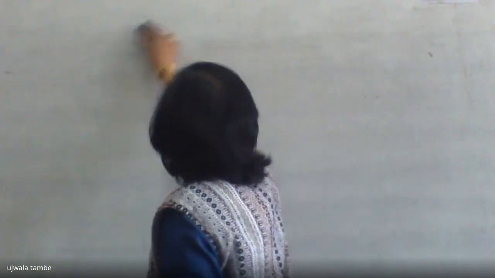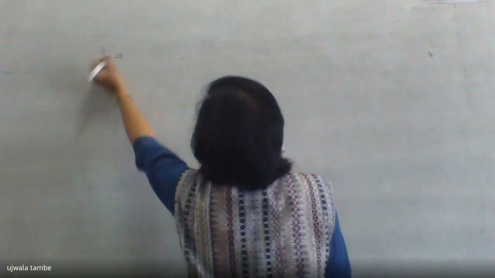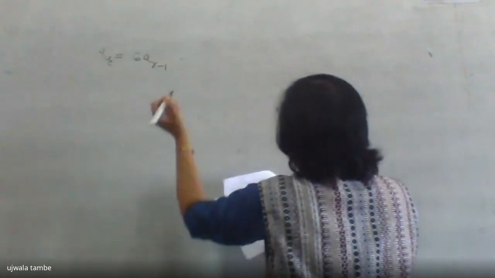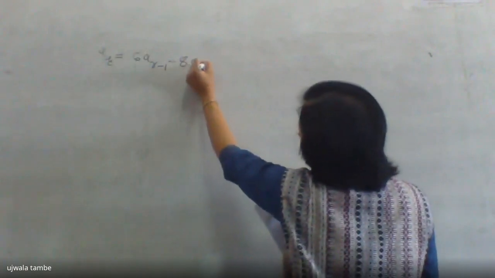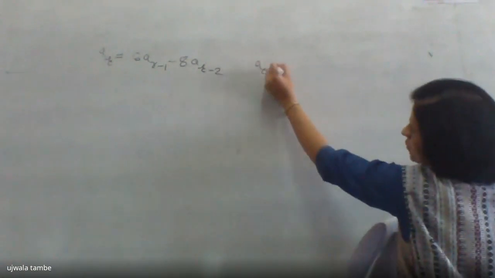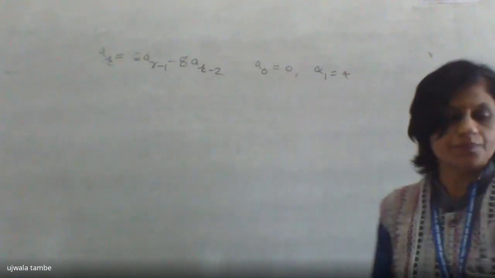Examples on recurrence relation. First one is: solve the recurrence relation a_r is equal to 6 a_(r-1) minus 8 a_(r-2) with initial conditions a_0 is 0 and a_1 is equal to 4.